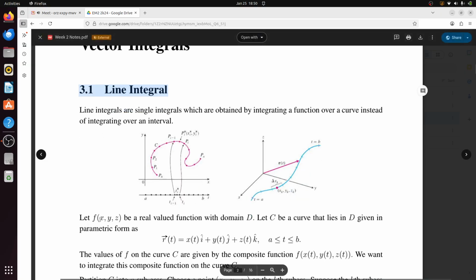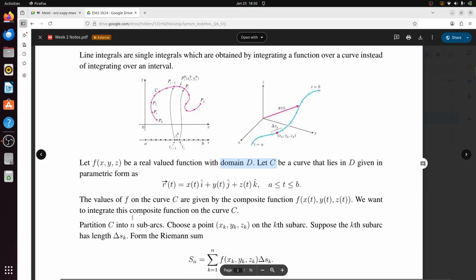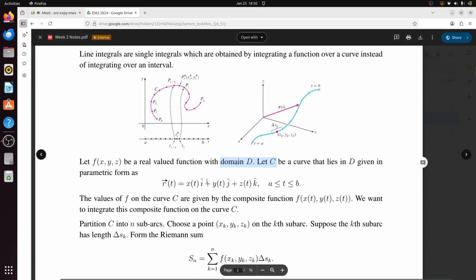If you have a real-valued function within the domain D, and C is a curve that lies in D given by the parametric form r(t) = x(t)i + y(t)j + z(t)k.